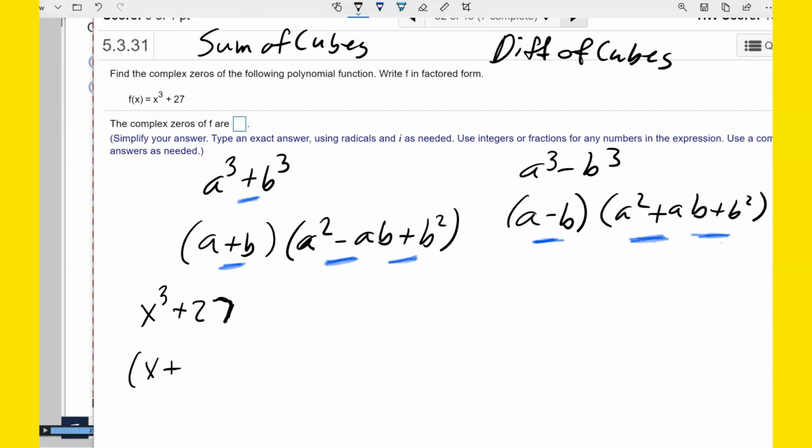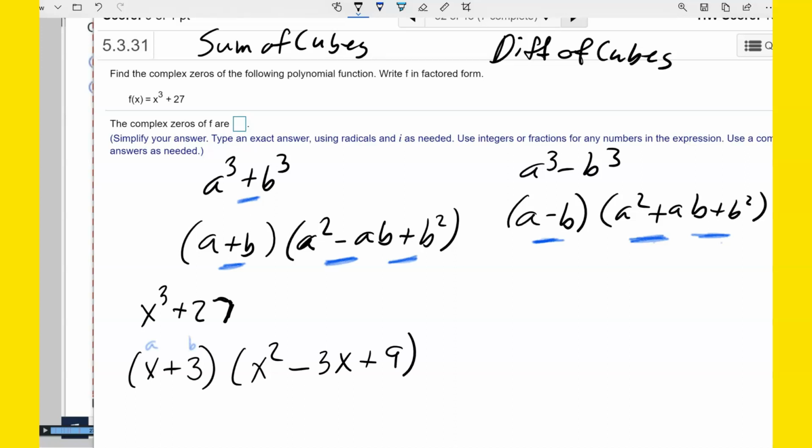The perfect cube root of 27 is 3. So x plus 3, that's the A and the B. And then a squared is x squared, minus AB is minus x times 3, so 3x, plus B squared, so plus 9.